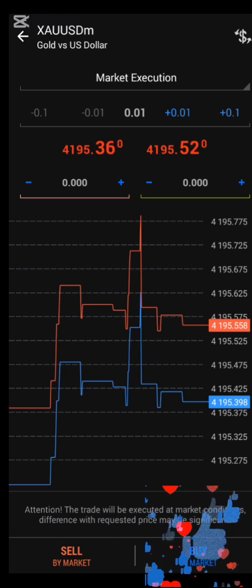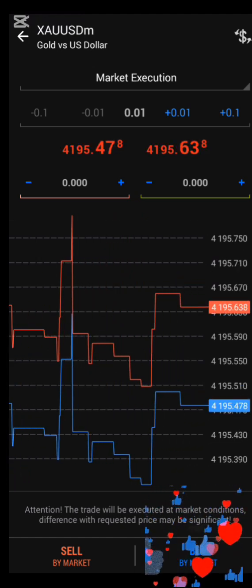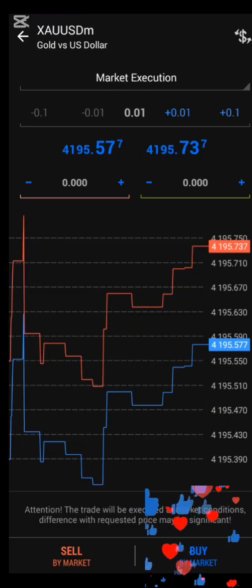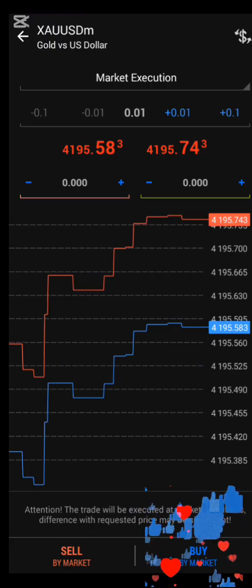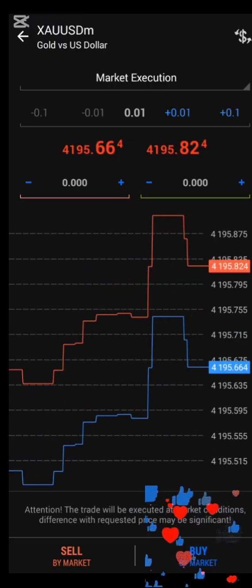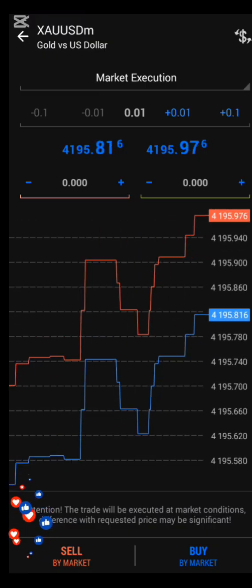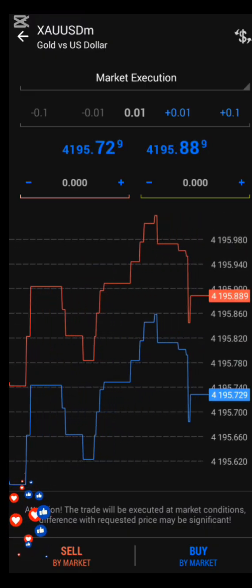So basically this is just a basic teaching of Metatrader 4, and I believe in our next class we are going to do more, and I'm going to fund my account so that we can do a lot of examples. Okay, so if you look around, you see something like 0.01.